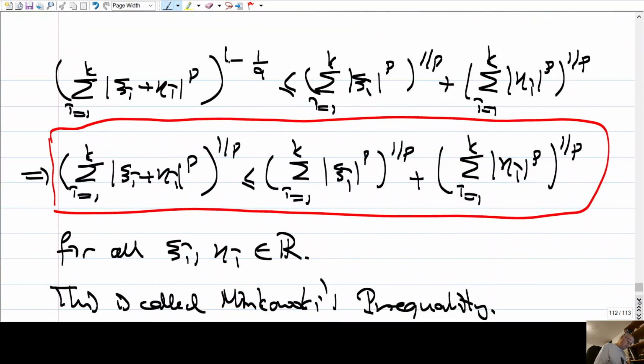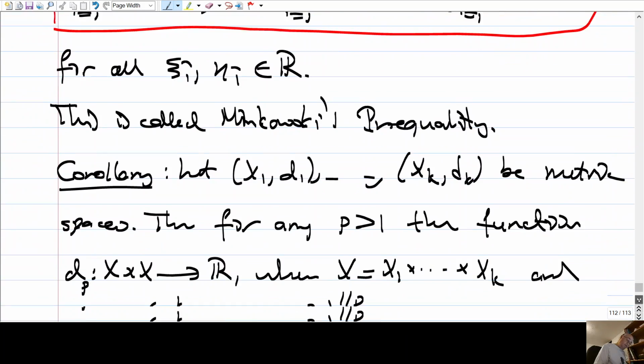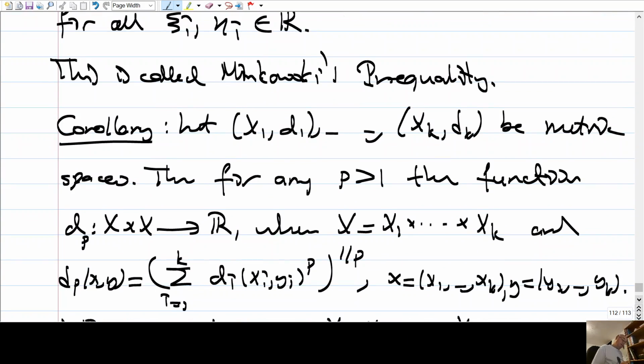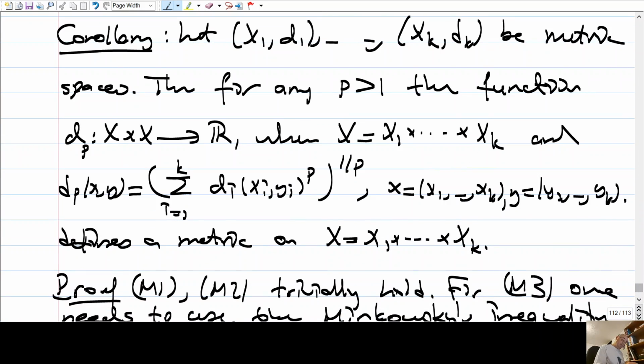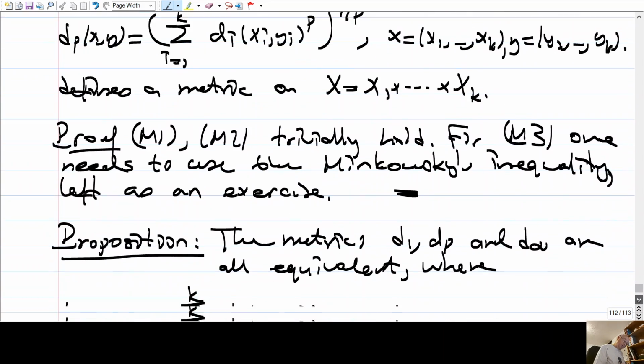And this is Minkowski. And using this, we proved this corollary that if we have finitely many metric spaces, then on the Cartesian product, we may define several metrics like this for any p. These are all metrics. We proved this.